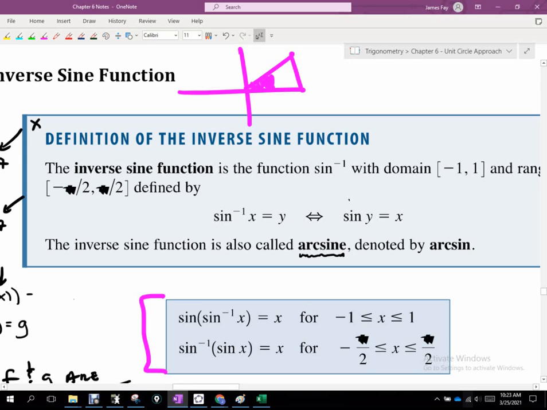So basically I can only do that evaluation. I can only get something spit back to us if this innermost function is defined, right? If that innermost function, when I evaluate it, gives me a number, so that I can take the sine of that number. Well, the only thing you're allowed to plug into the sine inverse has to be a ratio, right?